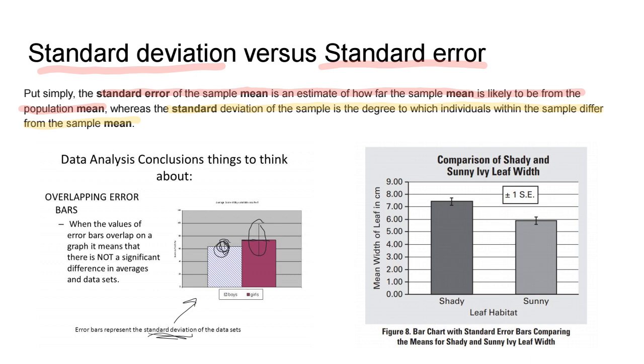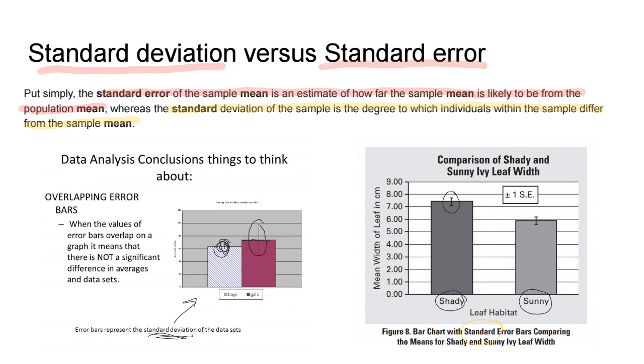Over here, we're looking at standard error. And it's telling us something different. We have a population here, sunny and shady. The standard error now is telling us how close the sample mean is to the real-life whole population, where maybe we only calculated 30 in our sample and the whole population is actually 1,000.